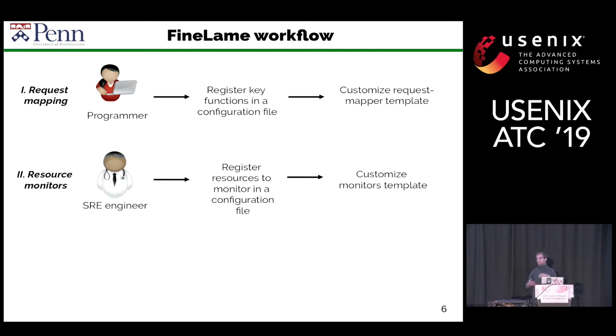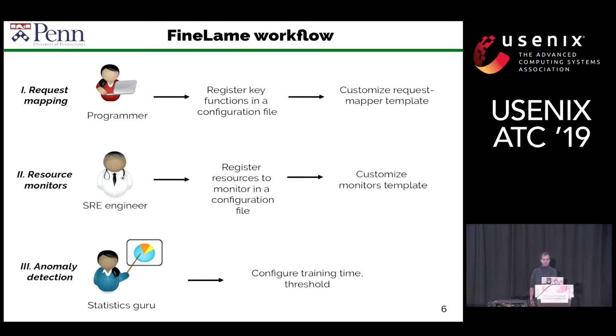So he declares all the resource allocation functions he wants in the configuration file and customizes some monitor templates so that the proper parameters and values can be mapped to the request. Lastly, we need a statistics guru to do anomaly detection, and it is basically about configuring thresholds, like how many standard deviations away from normal behavior you want, and so on.